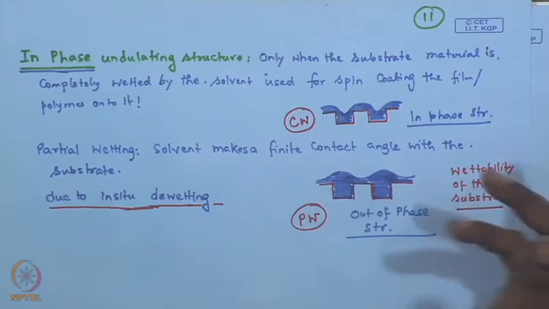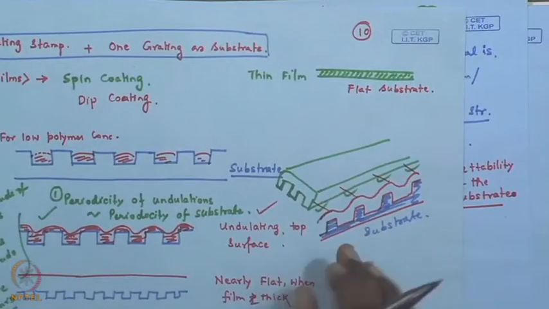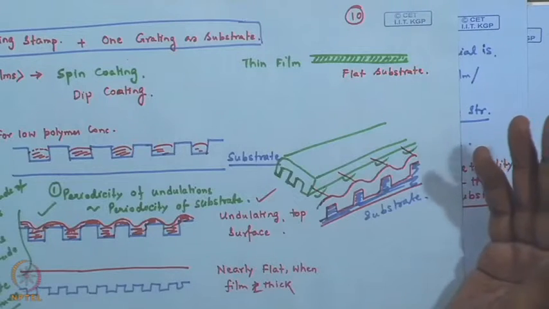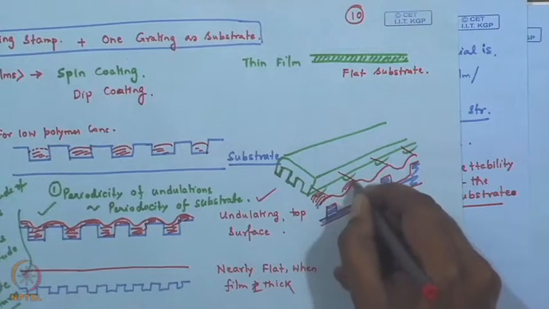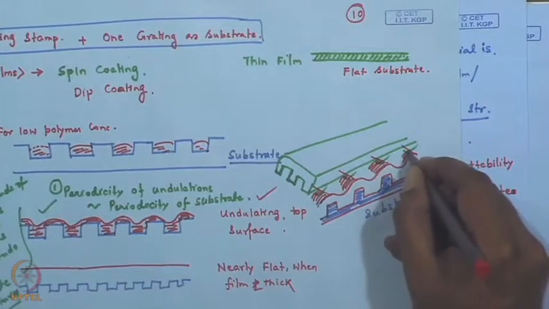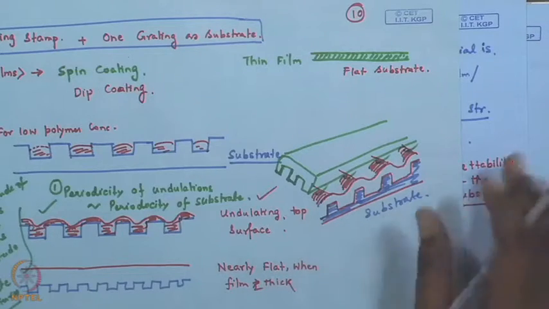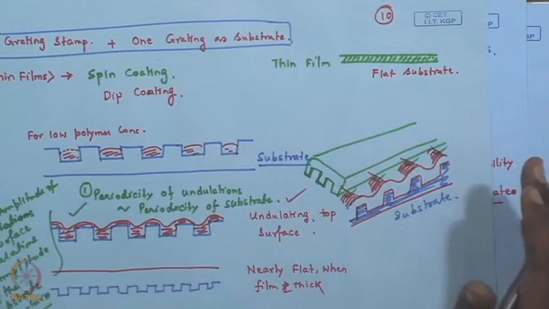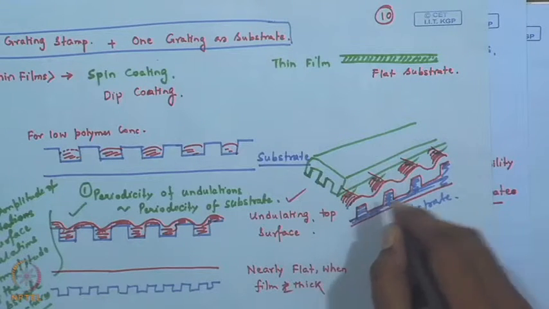So, the reason I highlighted this particular finding is that now when you try to place a second stamp on a film with an undulating top surface, it becomes also important to understand whether this is the geometry or the undulations or the higher locations on the film surface are actually sitting on the substrate valleys.